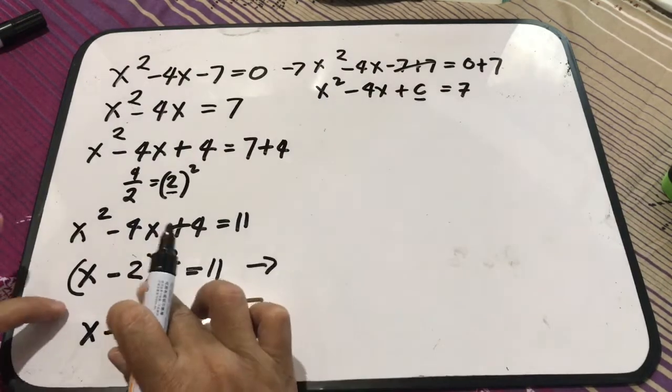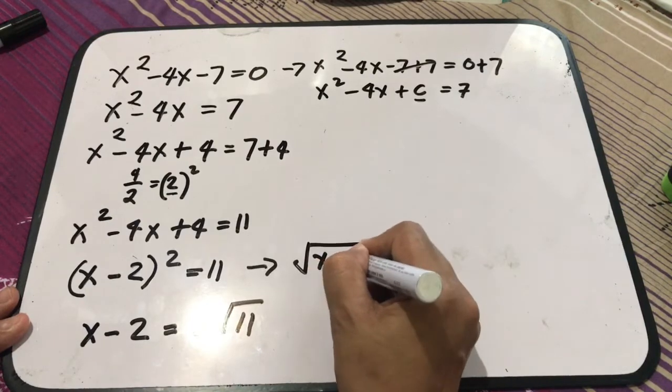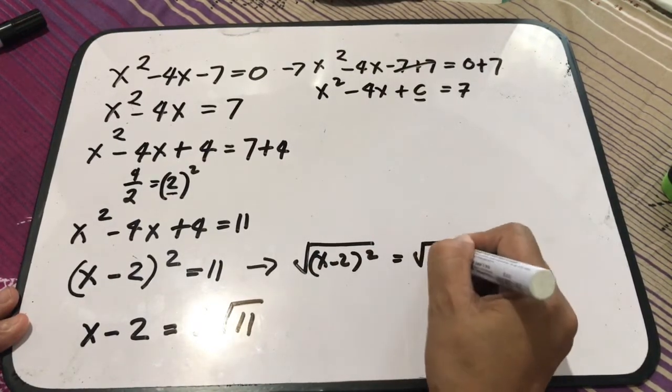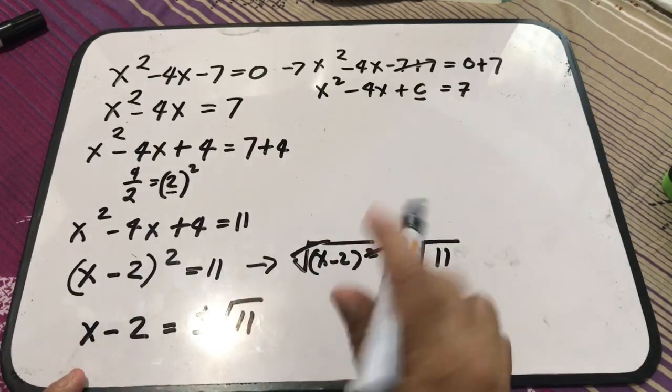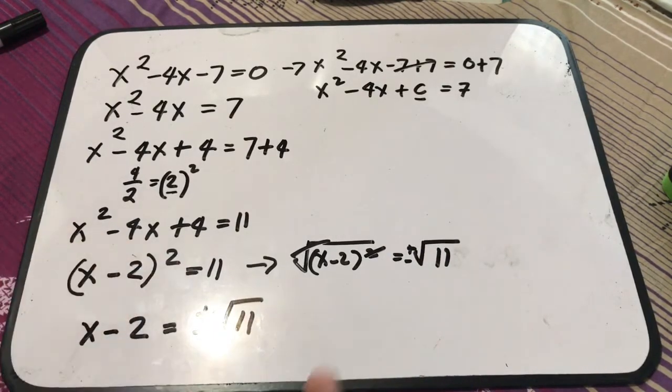Go back to this equation. We will take the square root of x minus 2 quantity squared and the square root of 11. So we have x minus 2 equals plus or minus square root of 11. Why plus or minus? We have two real roots because the discriminant is greater than 0.